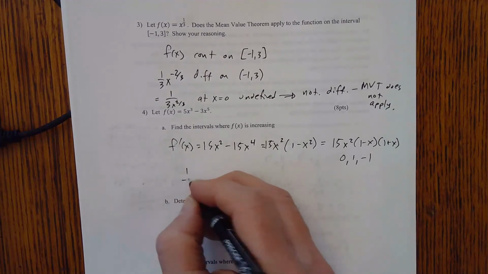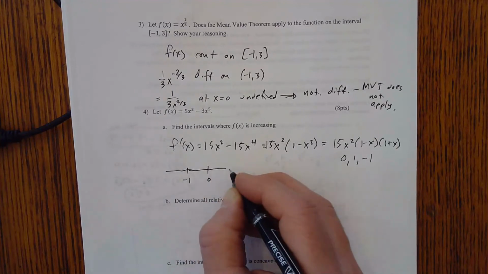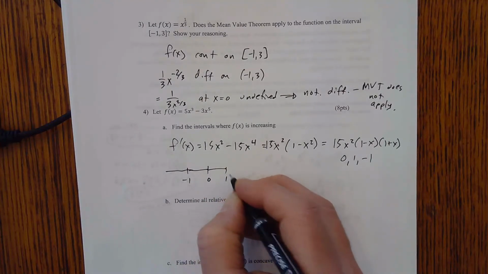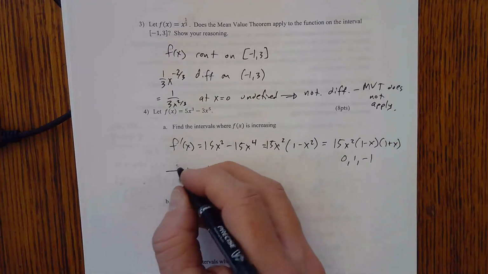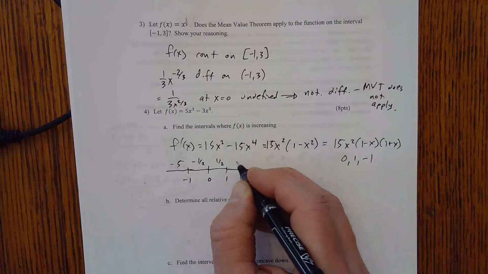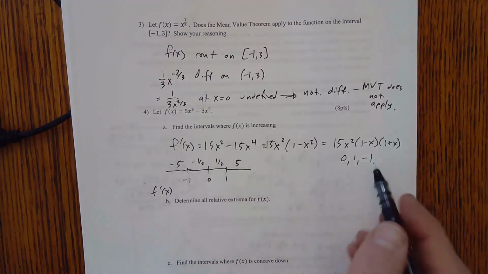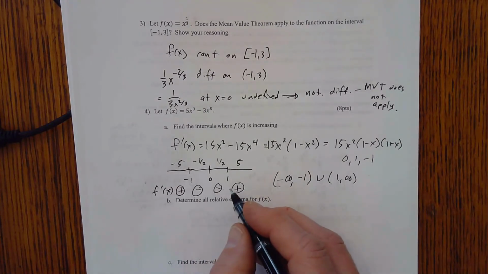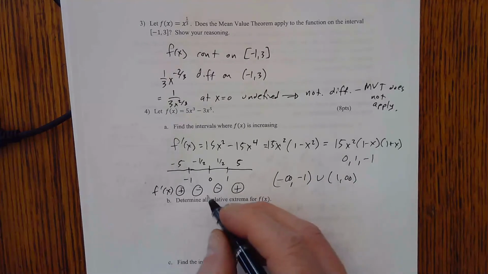So my intervals here go from minus infinity to -1, -1 to 0, 0 to 1, and 1 to infinity. So if I pick some test values in here, and I look at the sign of the first derivative, if I made a slight error here with these values that I wrote down.